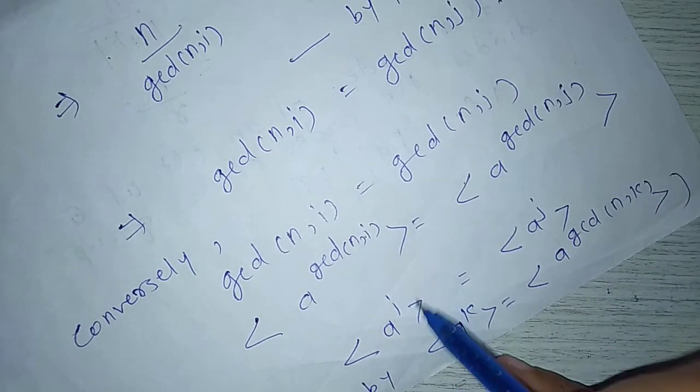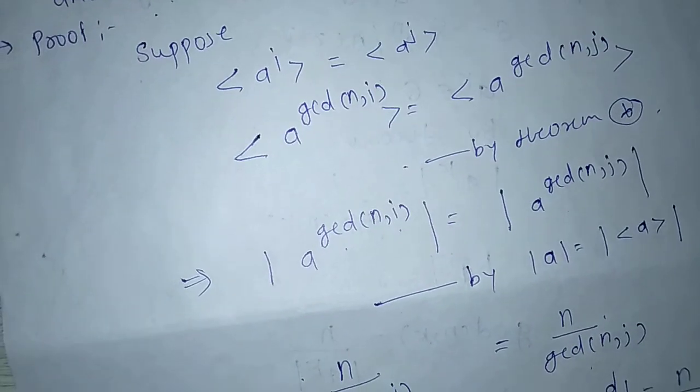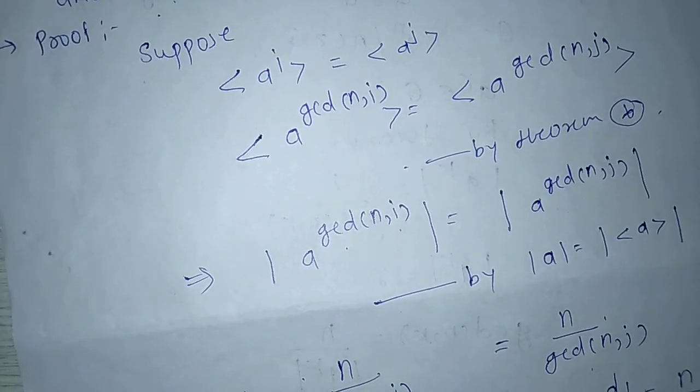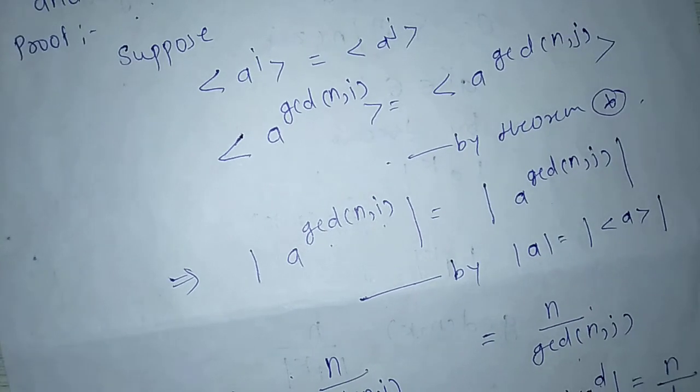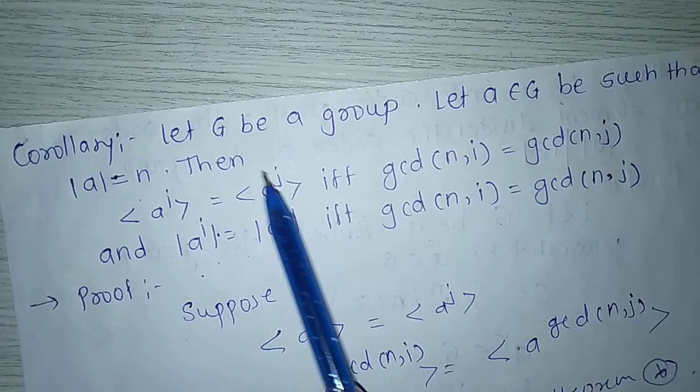Here k is i, also here k is j. So the first part is proved.